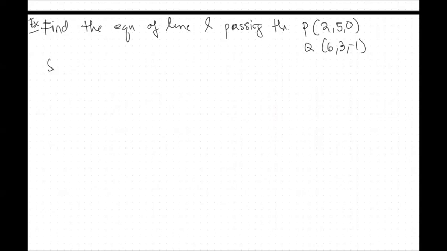So the solution, you can take a vector. Here we can choose M from P to Q or Q to P. But you can choose any.